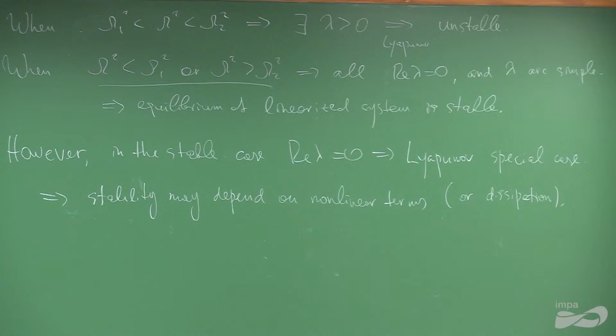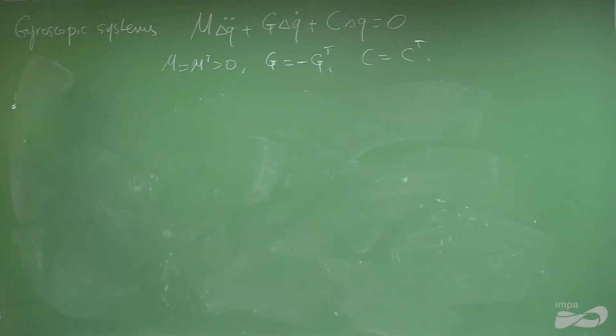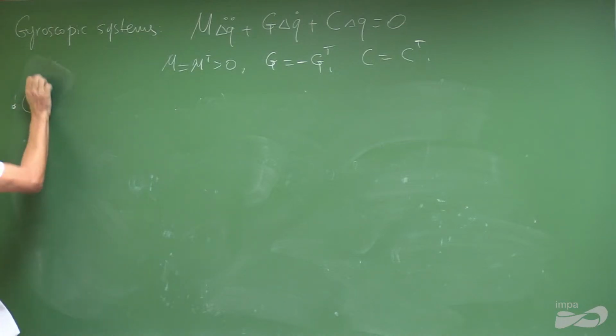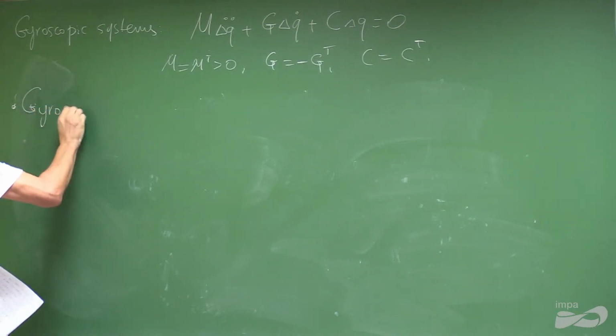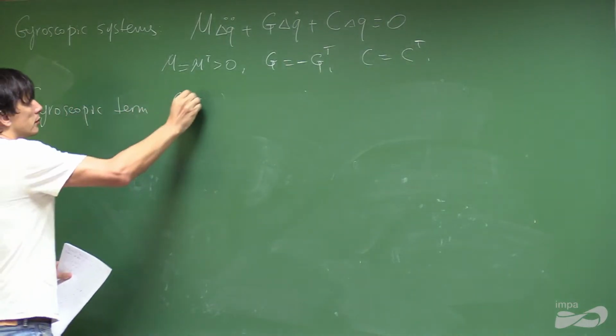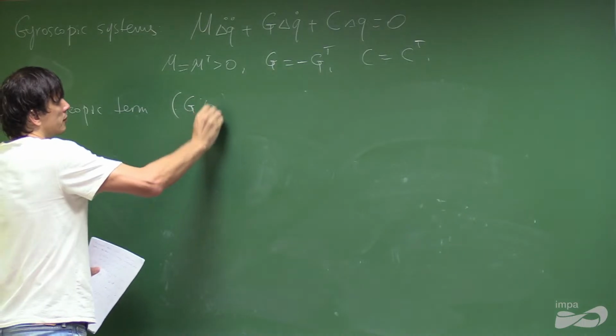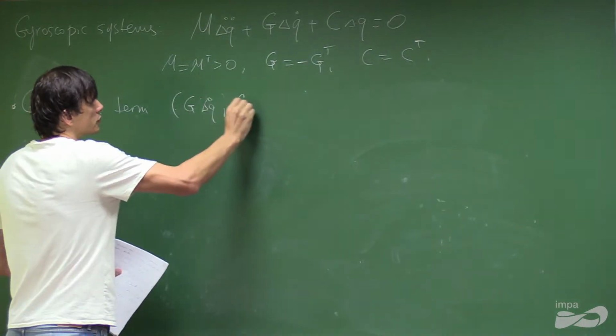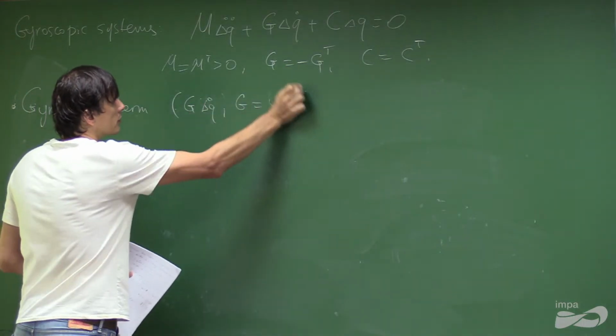So what is a gyroscopic system? The gyroscopic term is G q dot, with G being antisymmetric.